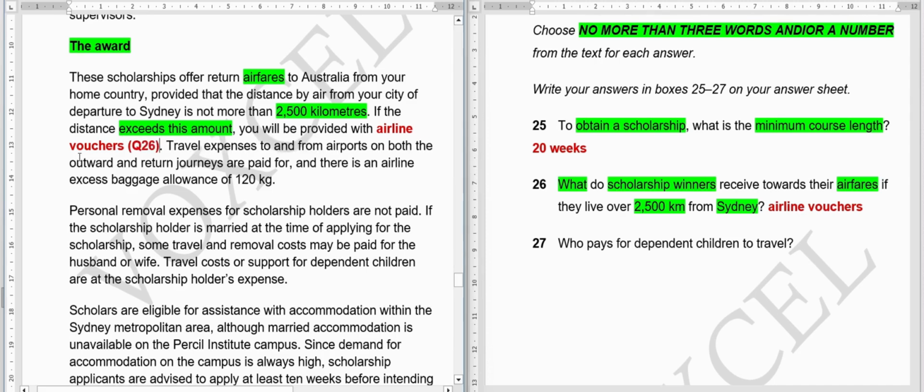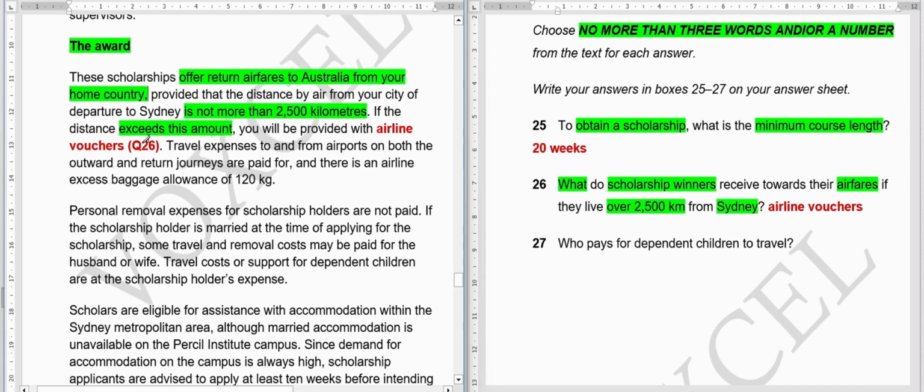So this is a very important word here also, over 2500 kilometer. They're saying that if it is not more than 2500 kilometers, meaning less than that, they will offer you return airfares to Australia from your home country.